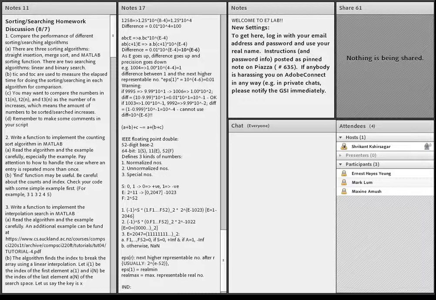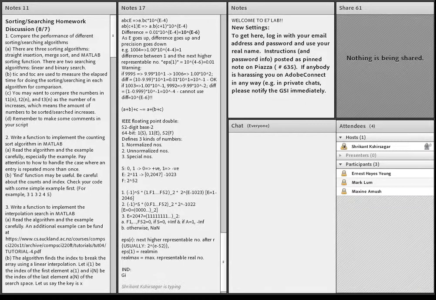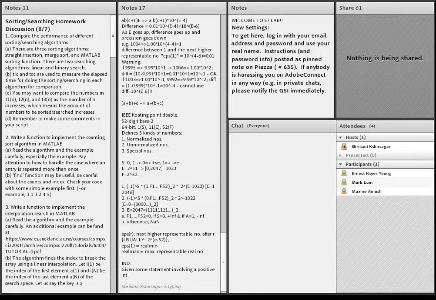So in induction, here's the basic idea. Supposing you're given some statement involving a positive integer n. Let's call that S of n, statement of n.